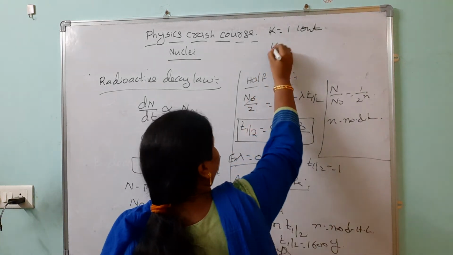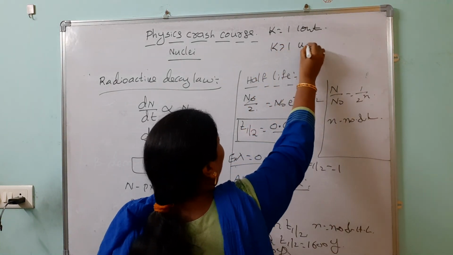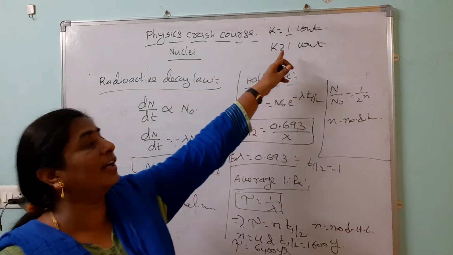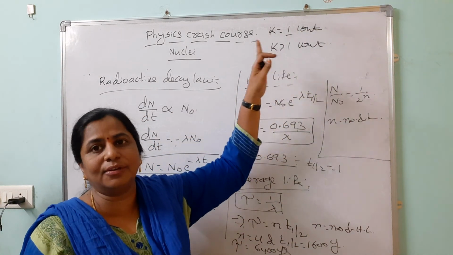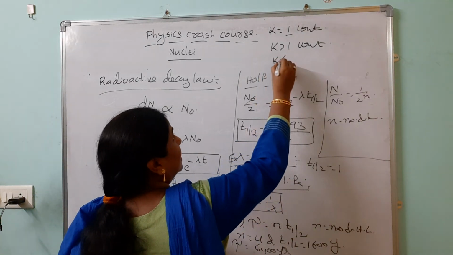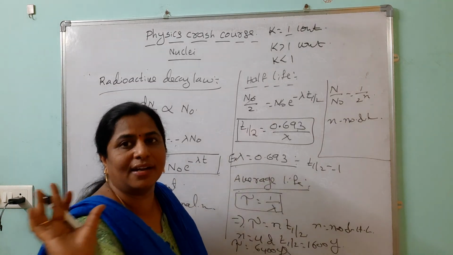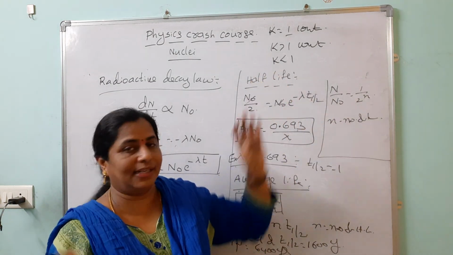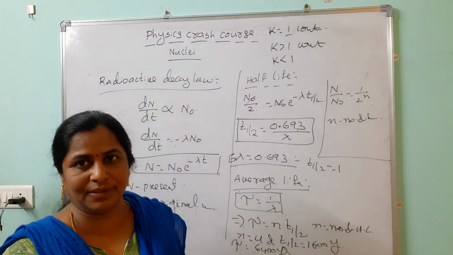If K is greater than 1, it is uncontrolled; more than 1 neutron is participating, so it is an uncontrolled chain reaction. If K is less than 1, even a single neutron is not participating in the chain reaction, so we won't observe a chain reaction. So this is about the nuclear reactor.